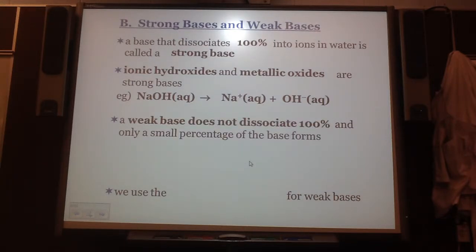A weak base does not dissociate 100%. Only a small percentage of the base forms ions in solution.